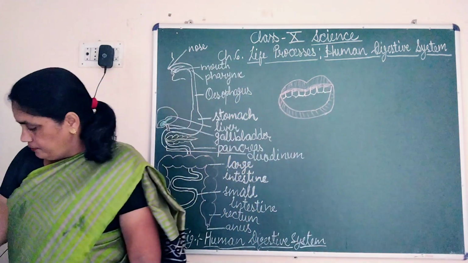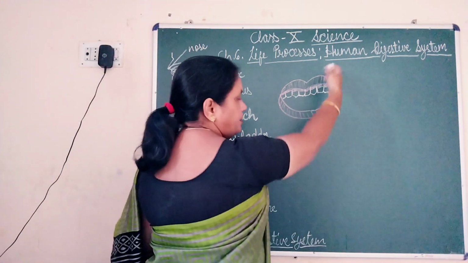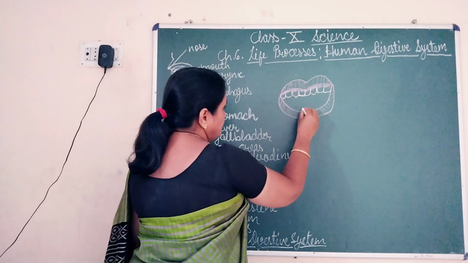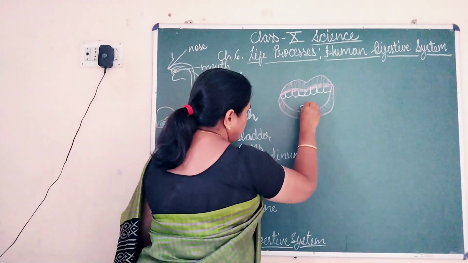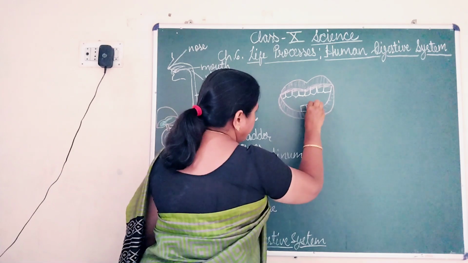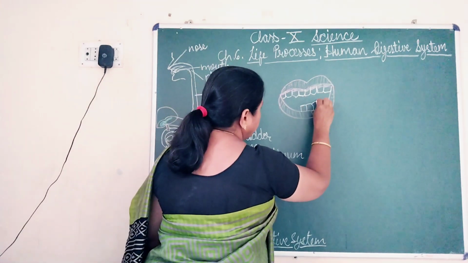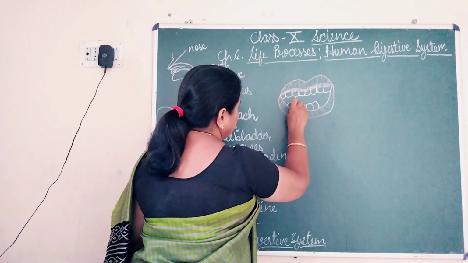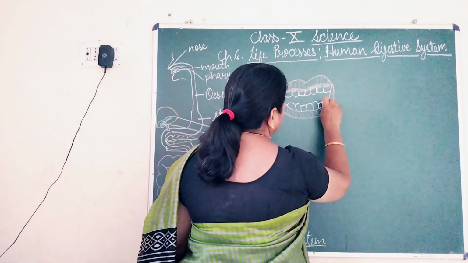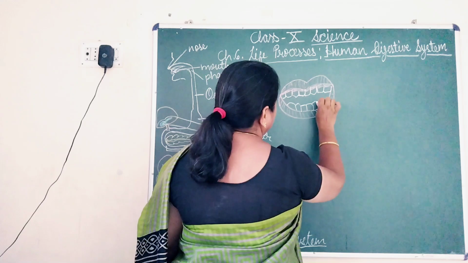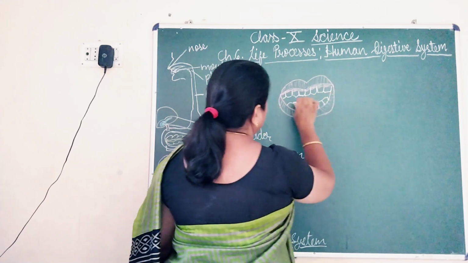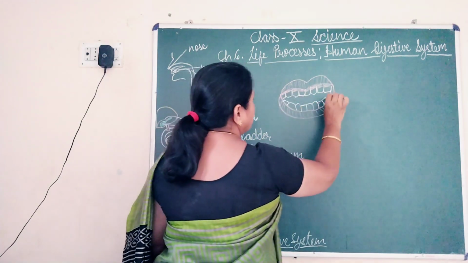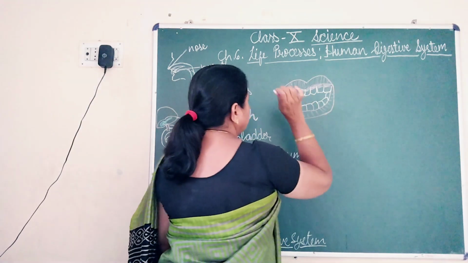Same is the case with the lower jaw: in the lower jaw also, teeth are fixed with the help of gums. So this is a rough diagram to show the teeth.